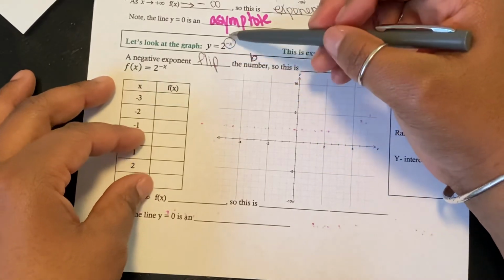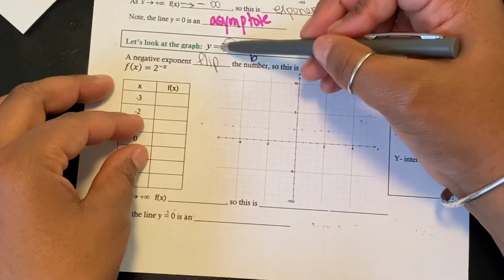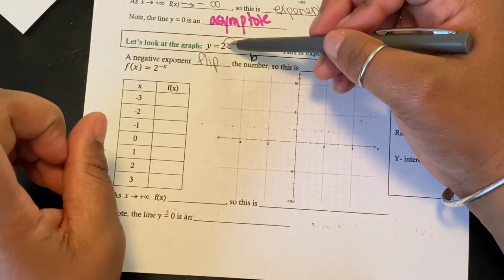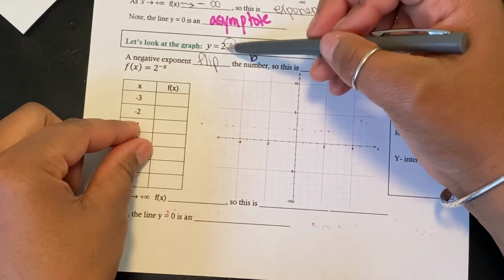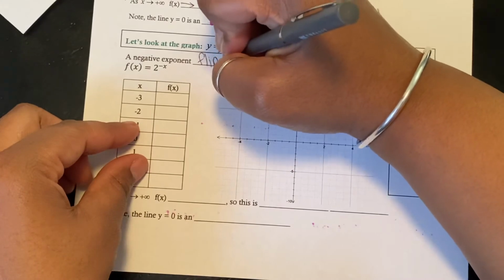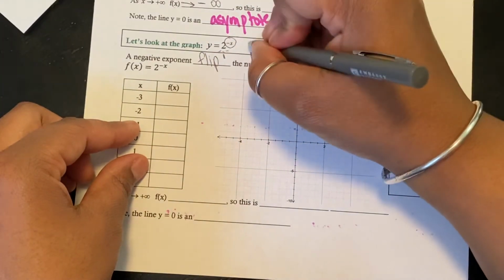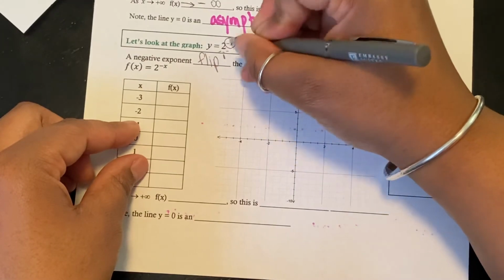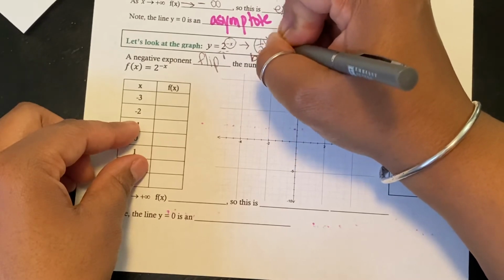So remember before I said, if b is greater than 1, so 2, then this would be an exponential growth. However, we have to flip this. Before it was 2 over 1, now it becomes 1 over 2 to the power of positive x.